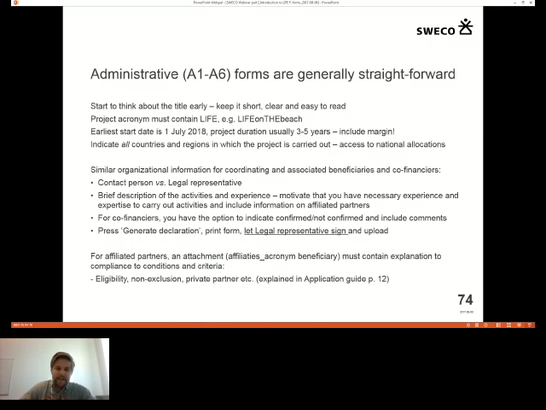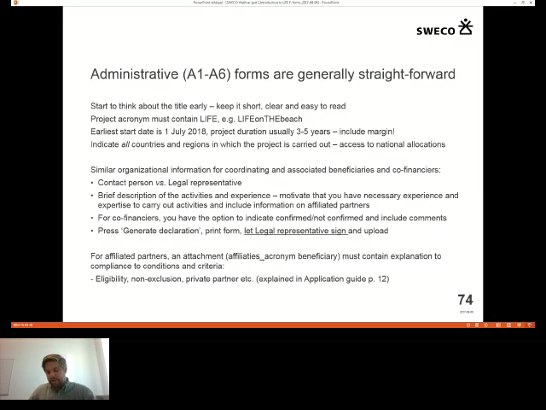For example, if I, as a Swedish partner, would like to apply within environment now, knowing that our national allocation is almost out within environment, and I'm approaching a Lithuanian partner, if I indicate in Form A1 that I have Lithuania on board my project, this means that I get access to your national allocations too, and I have a far better chance to be approved financing.